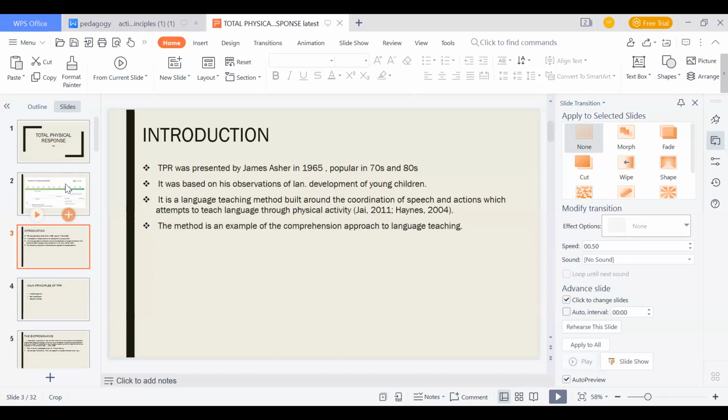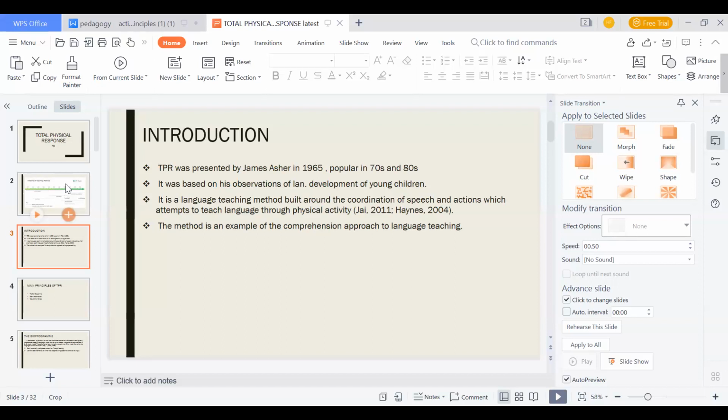When it comes to language learning, psychologists have also discussed how to facilitate language learning and how to teach language. It became very popular in the 70s and 80s.